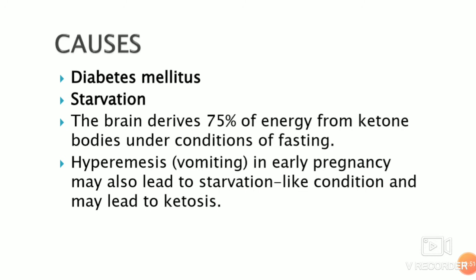So the causes again: diabetes mellitus, starvation, and then alcoholism. During pregnancy also ketosis can be caused, because there is a starvation like condition which may lead to ketosis. The brain derives 70% of the energy from ketone bodies under conditions of fasting.